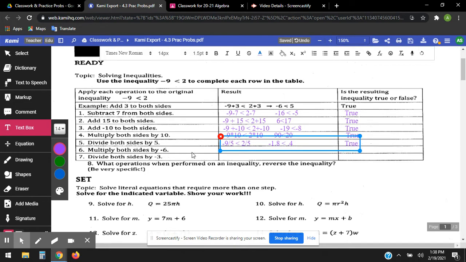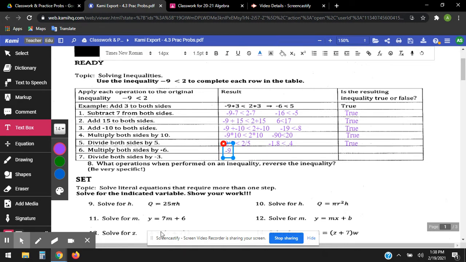Okay, multiply both sides by -6. So notice how we're testing each of these. We've added to both sides, subtracted from both sides, added a positive, added a negative, multiplied a positive, divided a positive. Now let's multiply a negative.